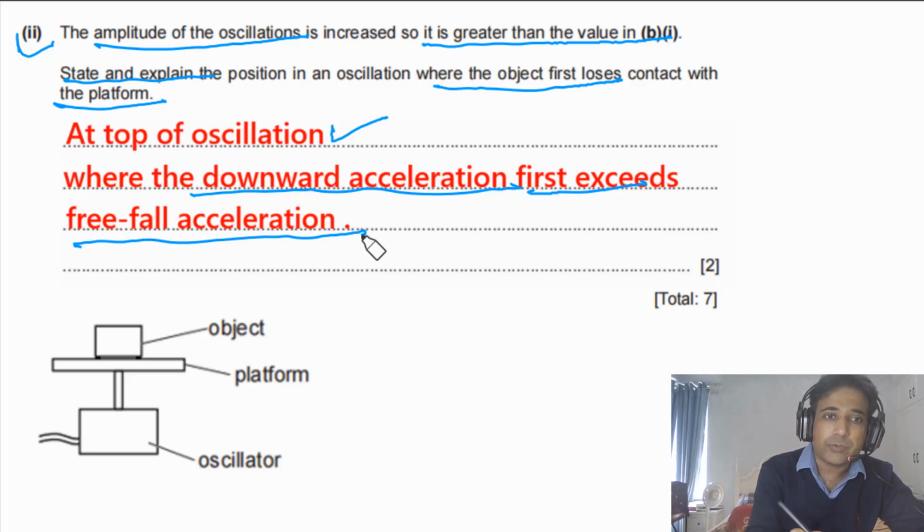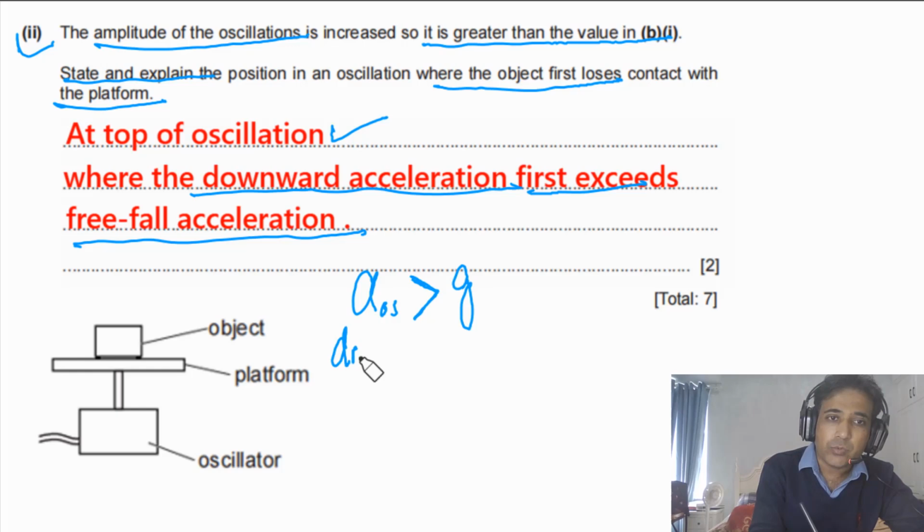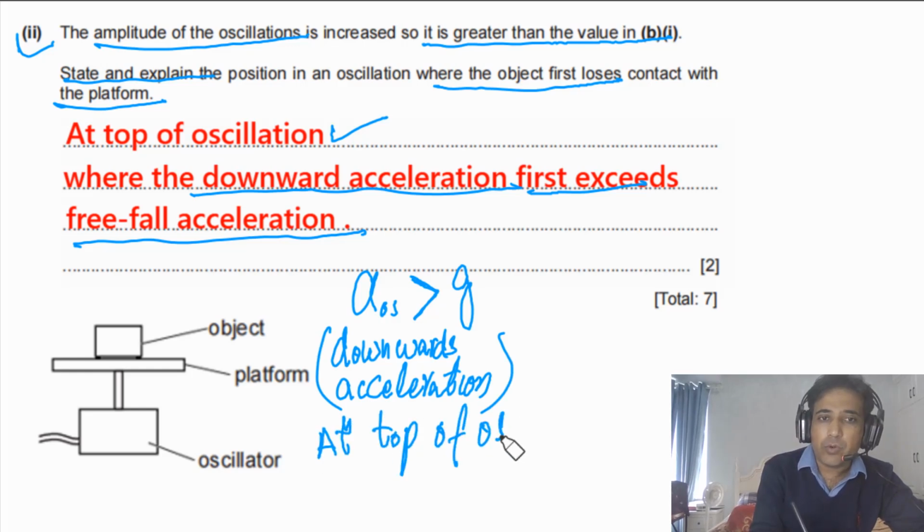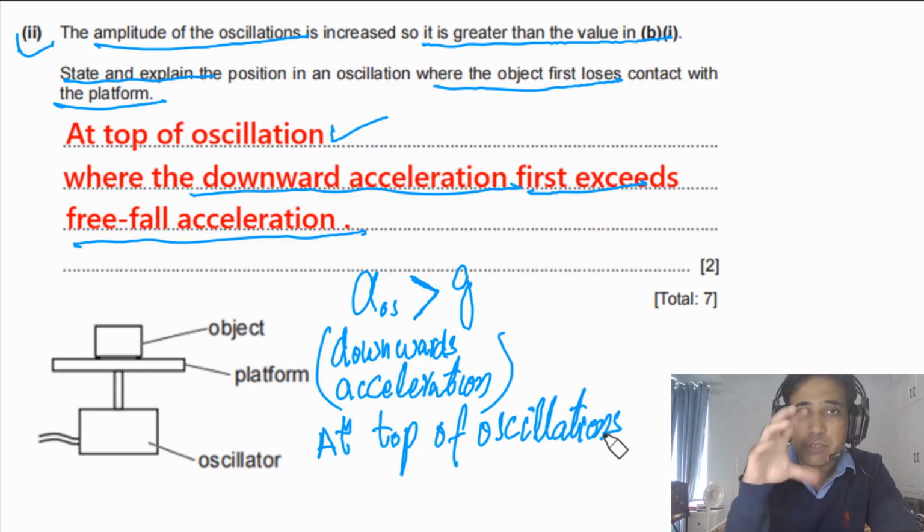So as we mentioned before, it will lose contact when the acceleration of the oscillator is greater than g, and this is downward acceleration. So we are talking about the downwards acceleration of the oscillator. So this is how we need to answer, and this will happen at the top of oscillations. I hope this question makes sense.